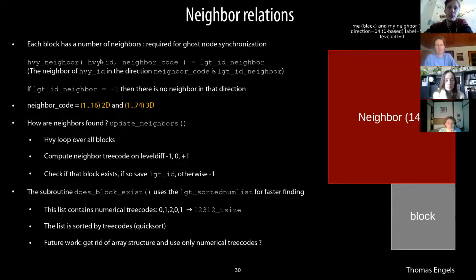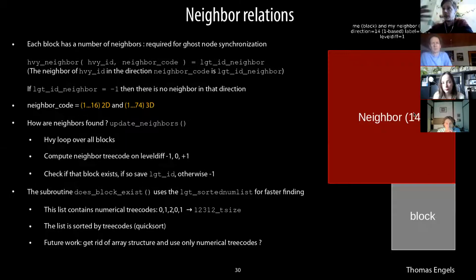For each block, which has of course a heavy ID, we store the light ID of the neighbor in a specific direction. So in 2D, we have a total of 16 different directions, which is because they are all unique. Here's an example for this cursor block, and this is its neighbor, and this neighboring relation is called 14.